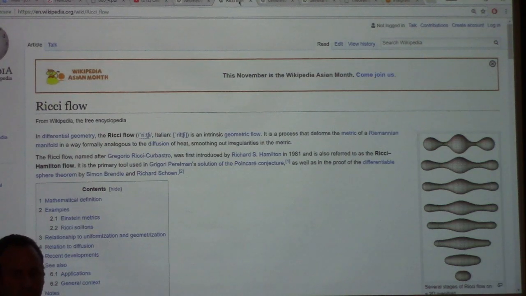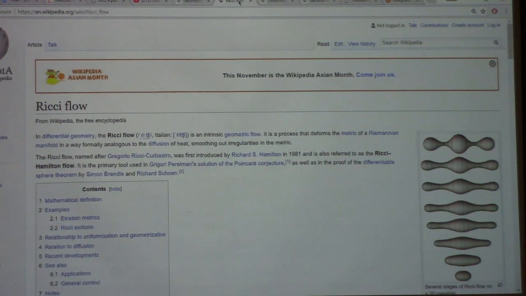Could we look at different 3-dimensional manifolds and decide whether or not they have the same geometry? What are the different kinds of geometry possible for 3-manifolds? The impetus for this study in part stems from this thing called the Ricci flow. This was basically introduced by Hamilton in 1981, and it was ultimately used by Grigori Perelman to solve what's called the Poincare conjecture, as I'll be trying to explain over the next few minutes.